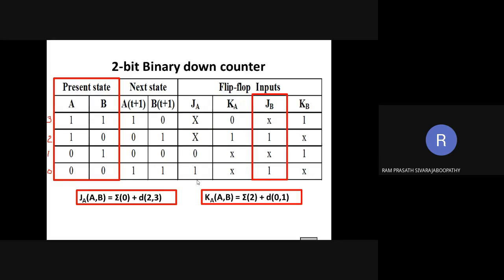What about for JB? So JB க்கு என்ன வரும்? Sum is what? Don't care term is what? So sum is 0, 2.